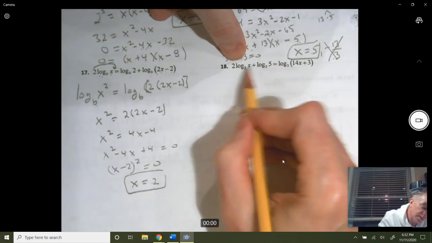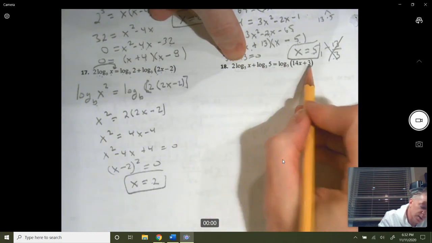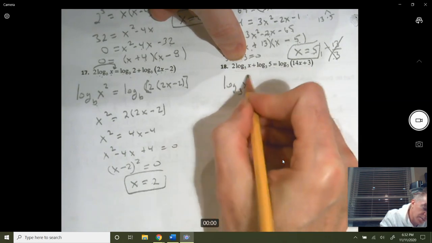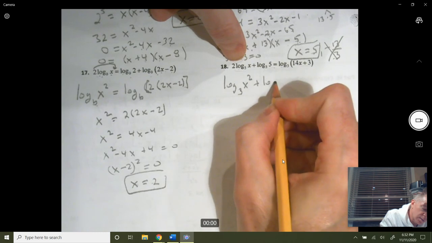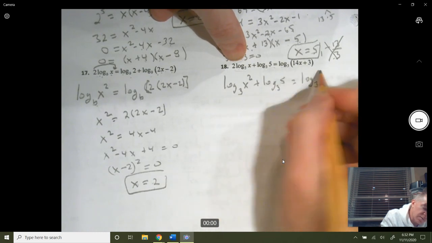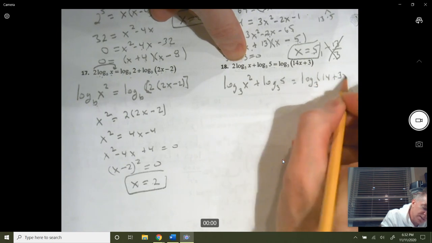So we have to combine this into a single log, and that's already a single log. So that's going to be log base 3 of x squared plus log base 3 of 5 equals log base 3 of 14 plus 3x.